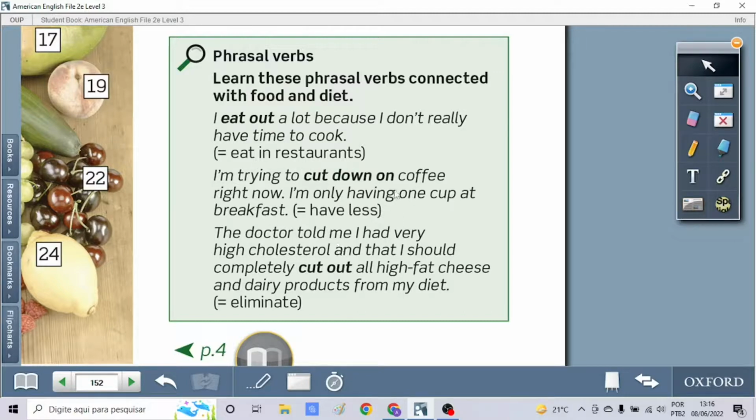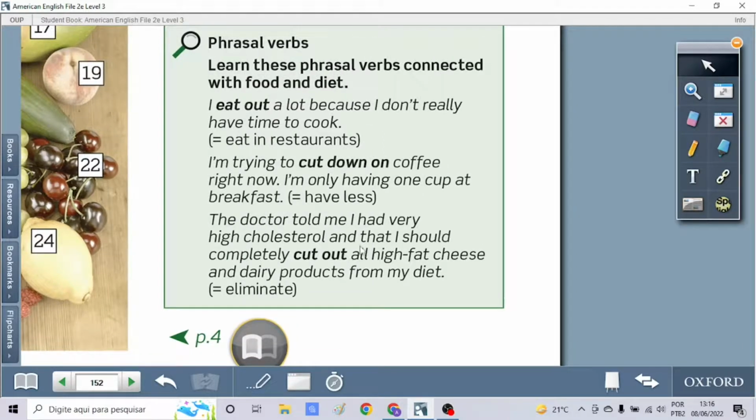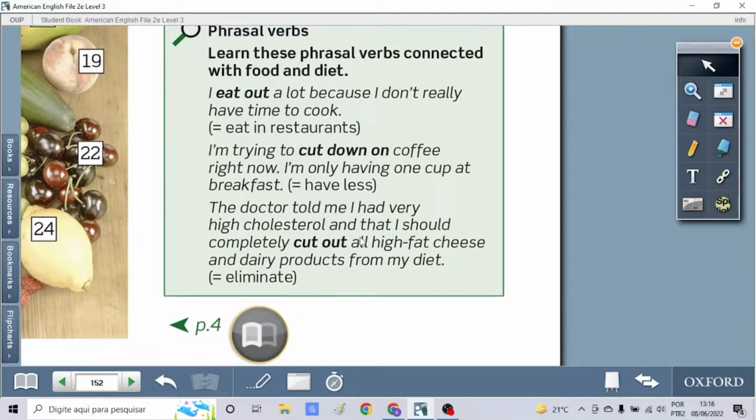I'm trying to cut down on coffee right now. I'm only having 1 cup at breakfast. If you want to cut down on something, that means you want to have less of it. Okay? Literally cutting down from your diet.